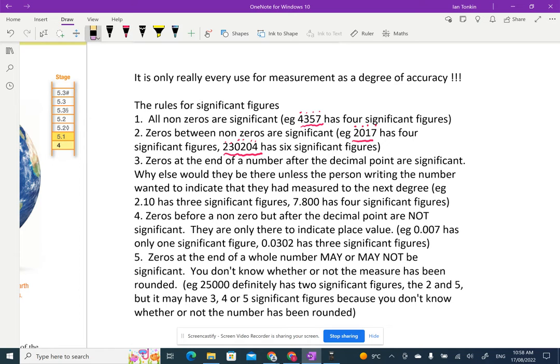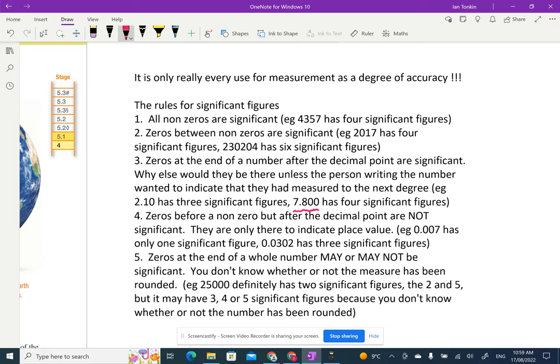Now, zeros at the end of a number after a decimal point. Well, they're significant because you don't have to put them there. They don't add place value. So if you write this number, 7.800, well, those two zeros at the end don't change the place value.